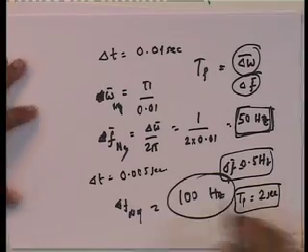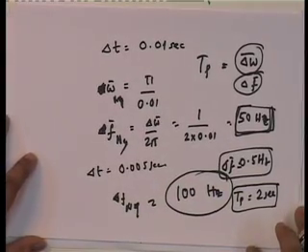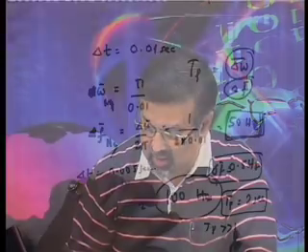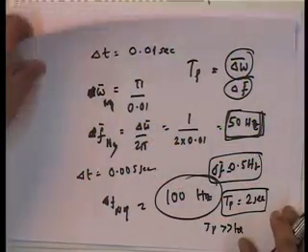Typically, if you are looking at the typical kind of things in which you need these, note also that Tp has to be greater than Td. So, therefore, what do we have?